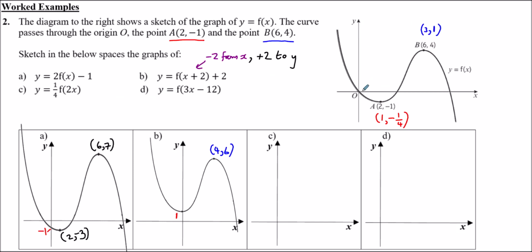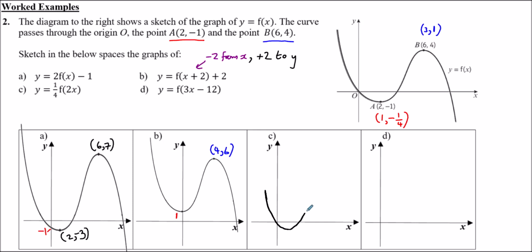Now, this will still go through the origin, because 0 divided by 2 is 0, and a quarter of 0 is still 0. So essentially, it's going to be going up as only a quarter as fast, but it's going to be squished in by a factor of 2. So this one is going to be something like this. The 2 minus 1 will happen quicker.